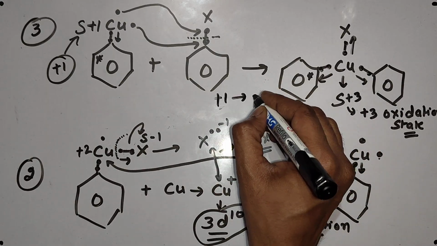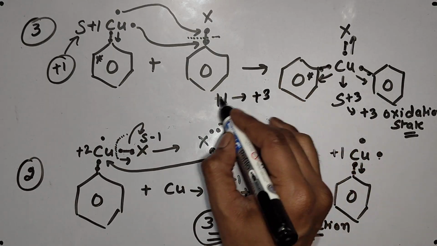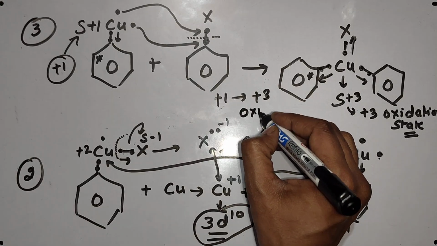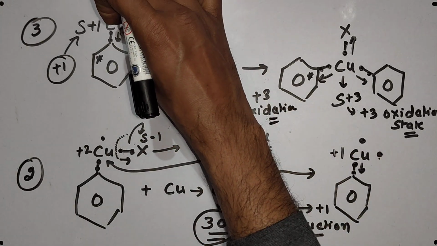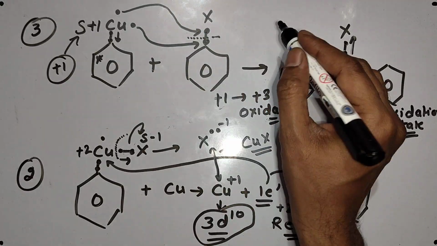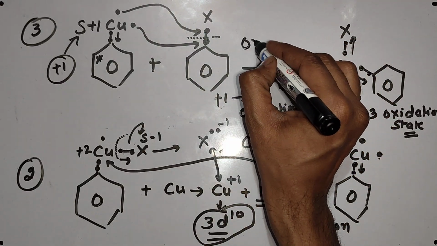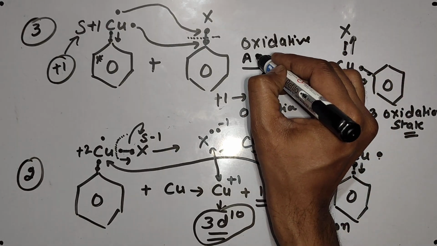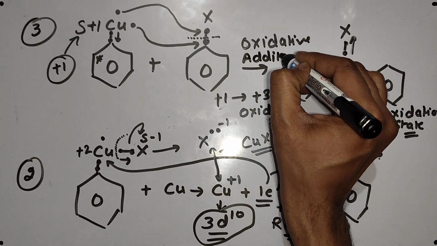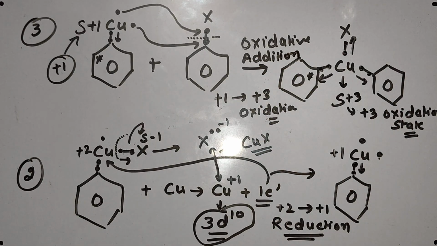An increase in oxidation state means oxidation is happening again. And because copper is added between carbon and X, again this step is oxidative addition, like the first one. So the first and third steps are similar.